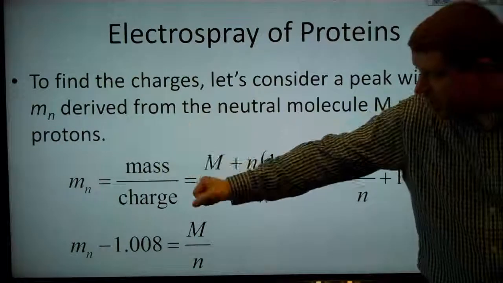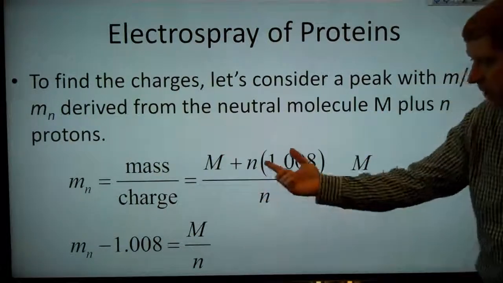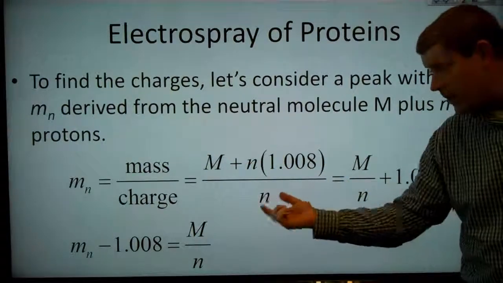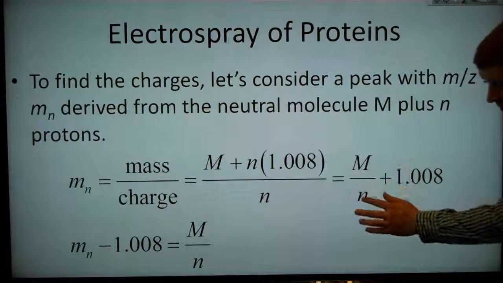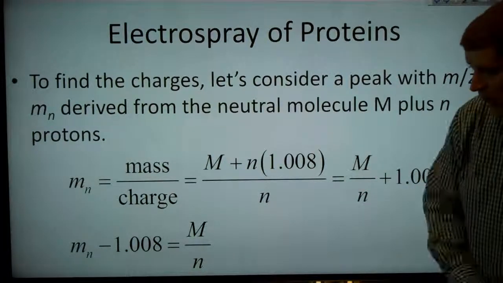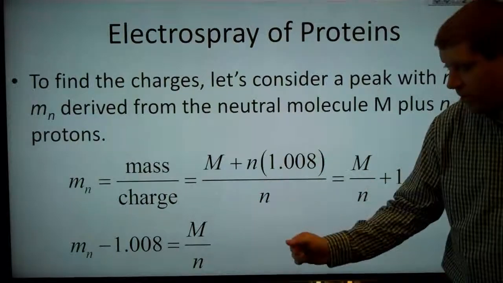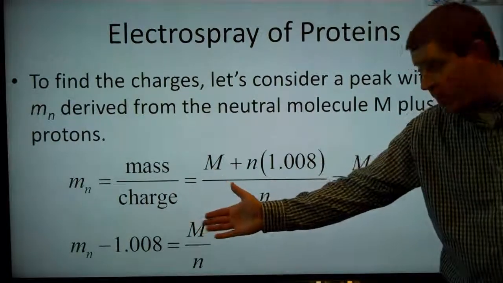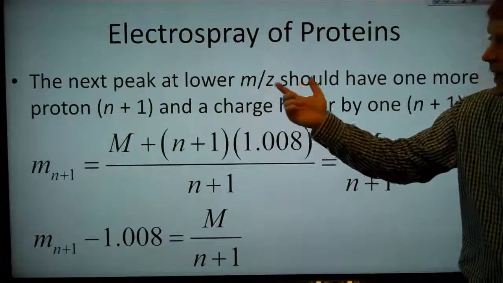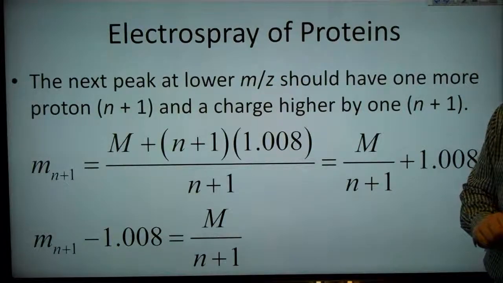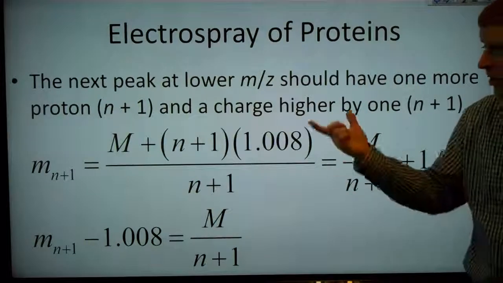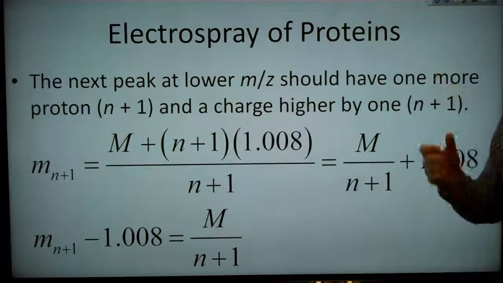So we've got M_n has a mass to charge ratio of (M + n times 1.008) divided by n, and that gives us M over n plus 1.008. And we can solve this then for M over n, and that gives us M_n minus 1.008. And the next peak at lower mass to charge ratio should have one more proton, so n plus 1, and a charge higher by 1, so again n plus 1.